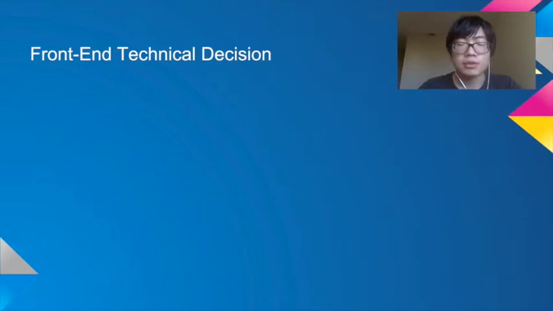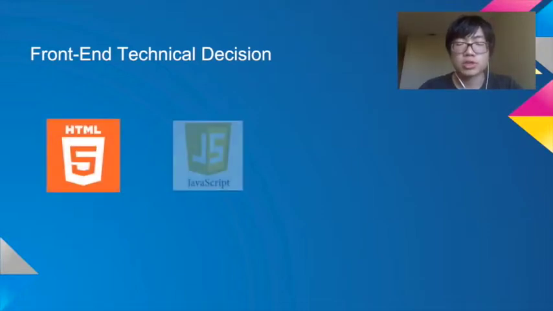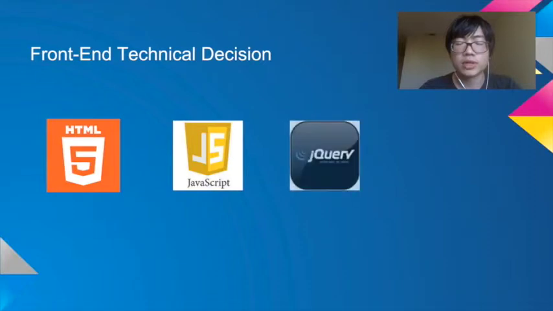Now, let me introduce our important technical decisions to you. For our front end, we used HTML5, JavaScript, and jQuery to create the responsive web pages, and they are also used to enhance the user's experience.